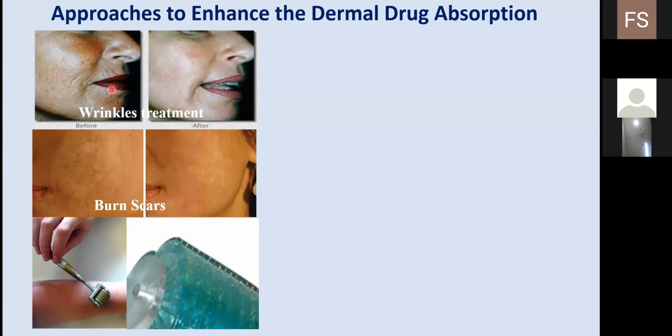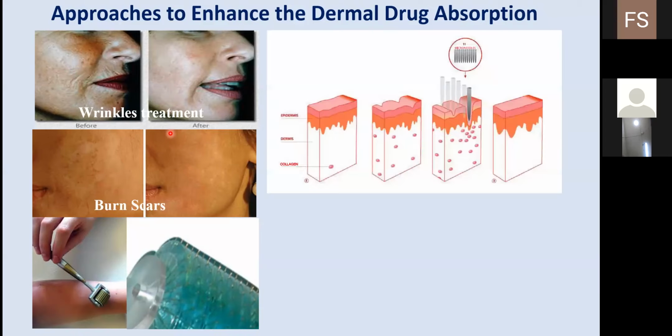You just roll it on top of the skin where you want the new collagen to form, like on the wrinkles and on the burn scars, so that eventually the skin gets better. The mechanism basically is that you apply the roller and you disrupt the stratum corneum and a part of the epidermis to form channels. In these channels, the new collagen is formed, and eventually the skin's appearance aesthetically becomes better and close to normal.